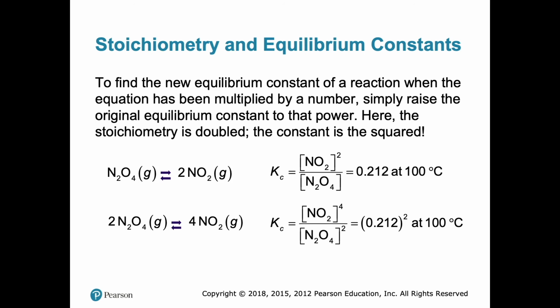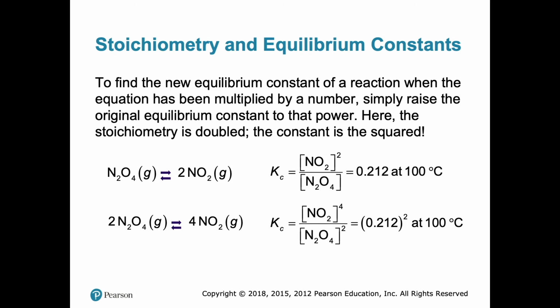And what we've done here is double the number of moles of N2O4, and it becomes 4 moles of NO2 gas. Here's the equilibrium constant for the normal one, and here's the one with double the concentration.